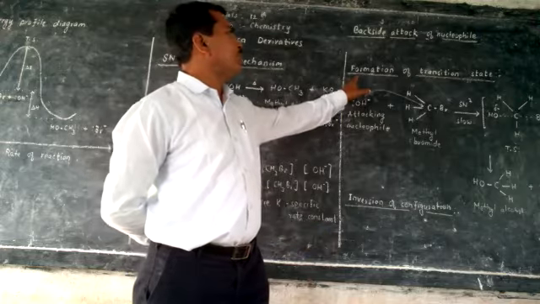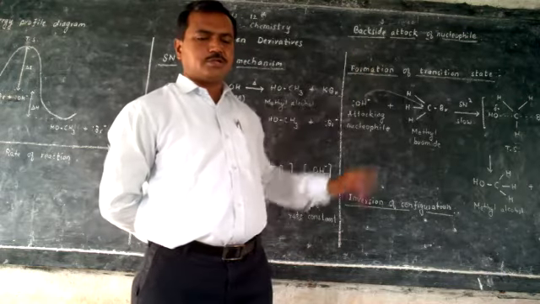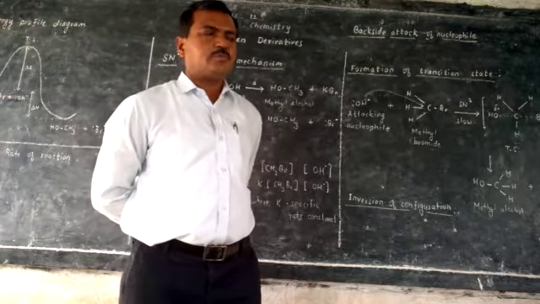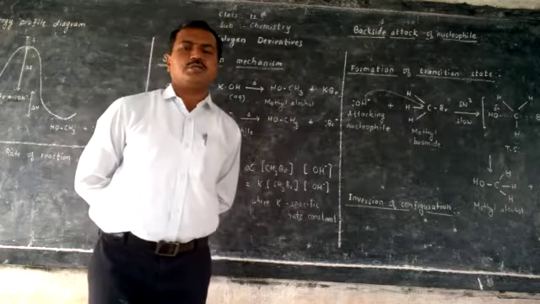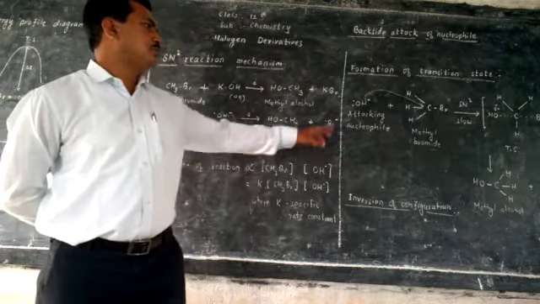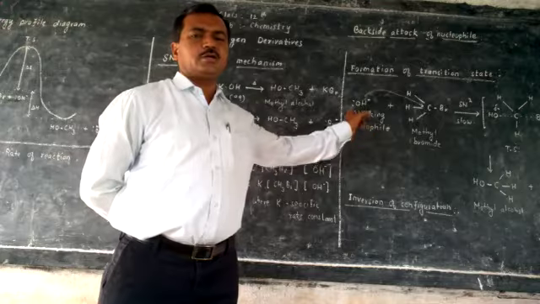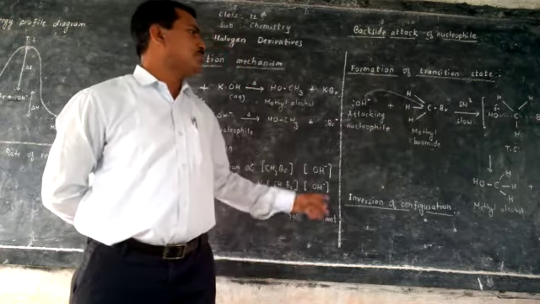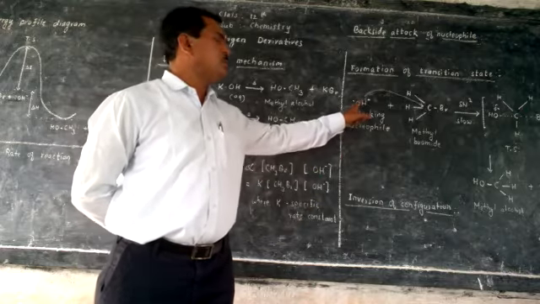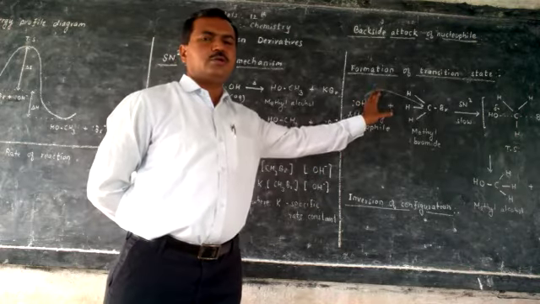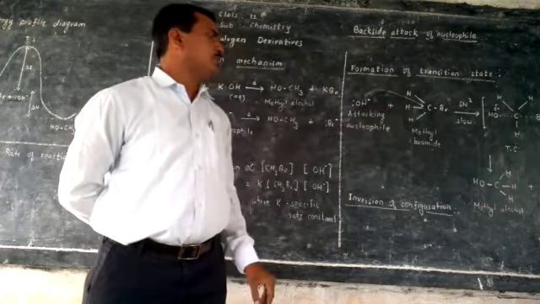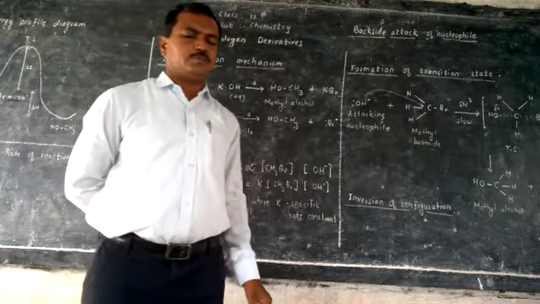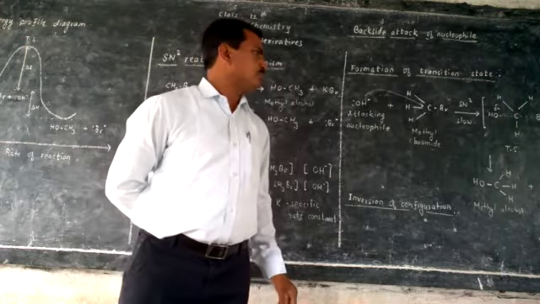Then formation of the transition state. Again in SN2 reaction, the nucleophile OH attacks the carbon atom of methyl bromide from the backside, because OH negative and Br negative both are nucleophiles and they repel one another.